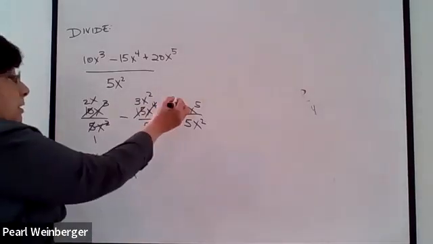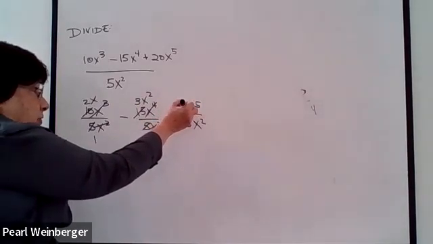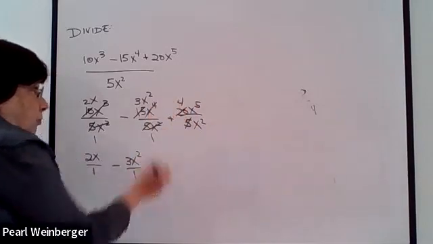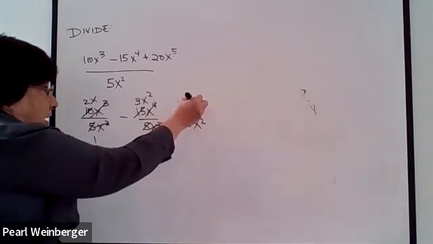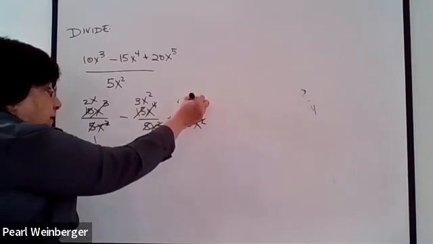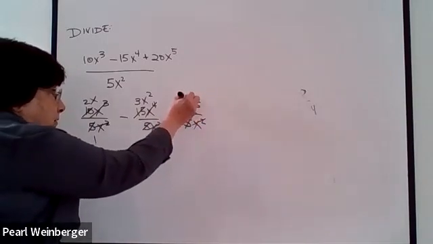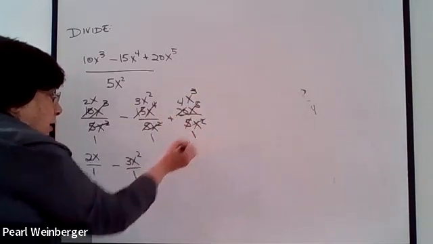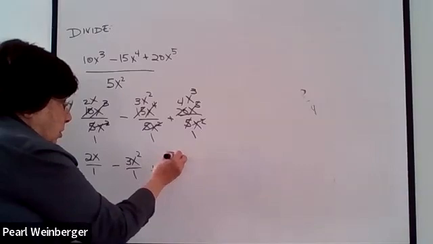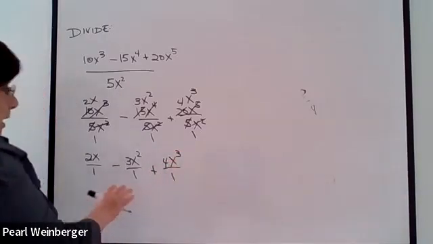And finally, my last fraction, I can cancel out the 5 and the 20, and I'll be left with 4 on top. The x squared gets canceled out. 5 minus 2 is 3, so x to the third. So the last term is 4x to the third over 1.